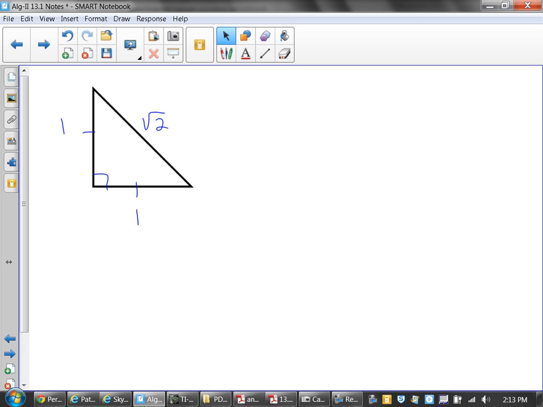Right. Are we okay with that? So here's what I want to do. I want to list out the trig functions for 45s: the sine, the cosine, and the tangent.